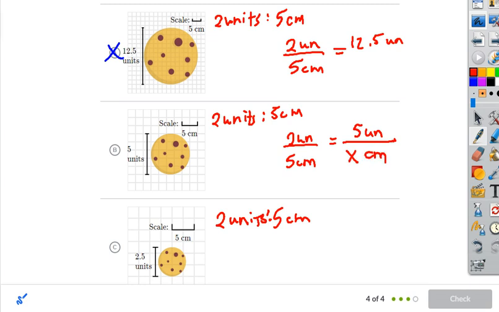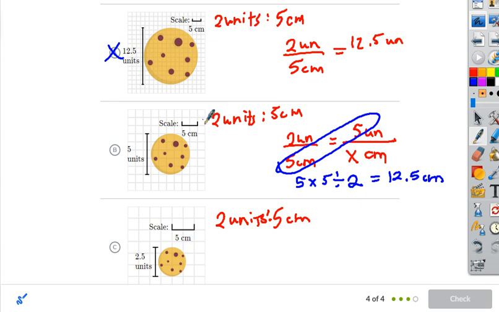So that might be true. Let's solve this one and see what happens. If I cross multiply, 5 times 5 is 25, divide that by 2, and my final answer is 25 divided by 2, which is indeed 12.5 centimeters. So this scale did end up with a result of 12.5 centimeters as my final actual diameter of the cookie.